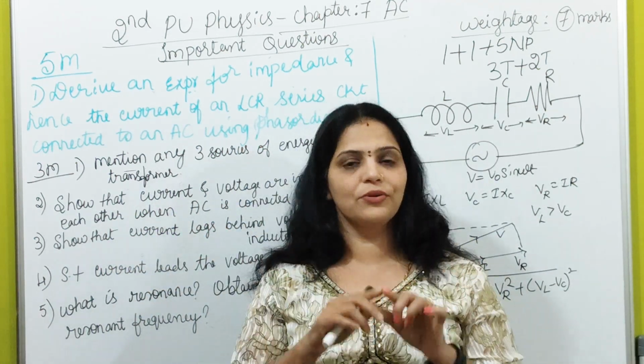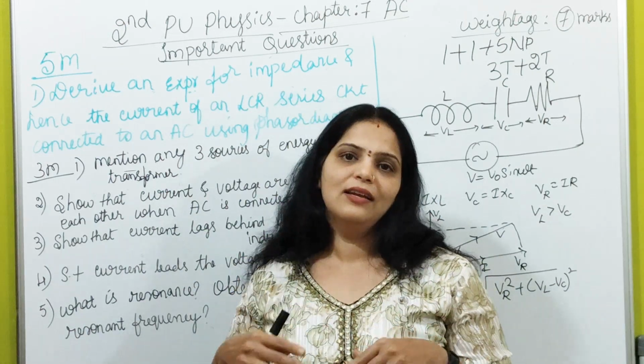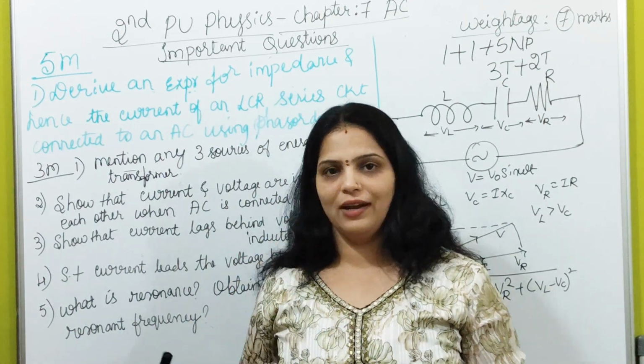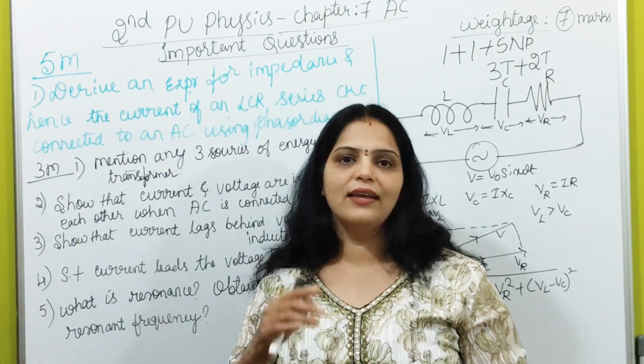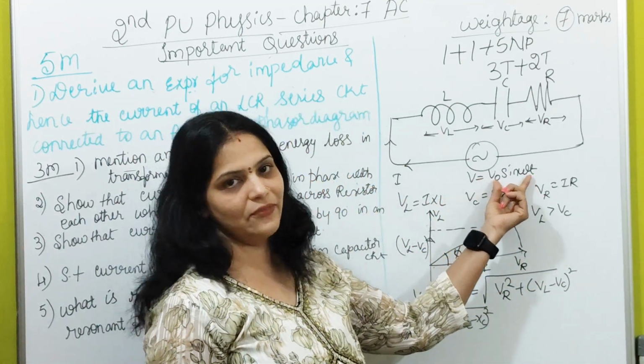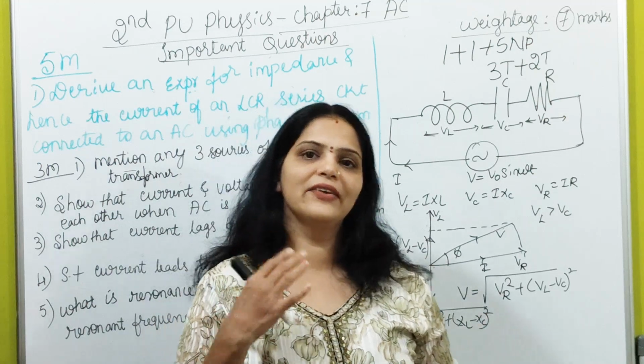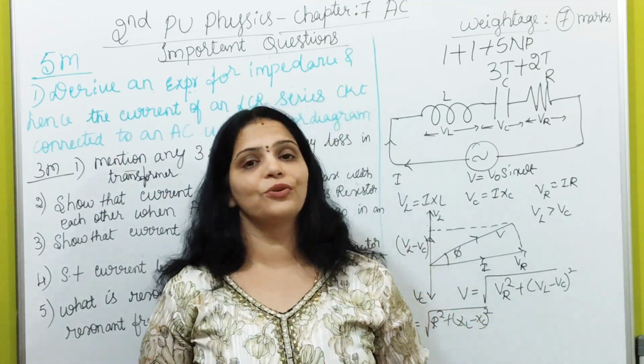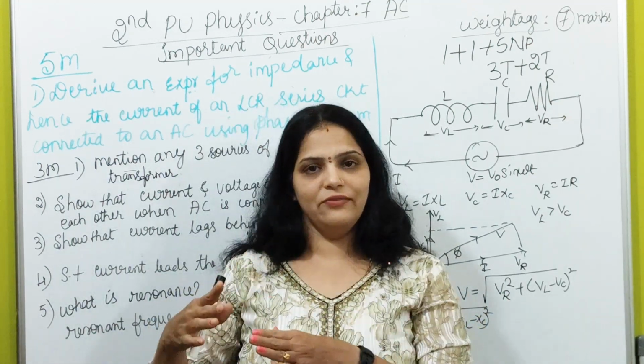First you draw the circuit diagram, then the phasor diagram. Start by writing V is equal to V naught sin omega t as equation 1, use Ohm's law and arrive at the equation I is equal to I naught sin omega t, and draw the phasor diagram.